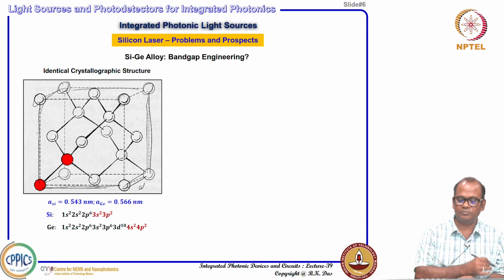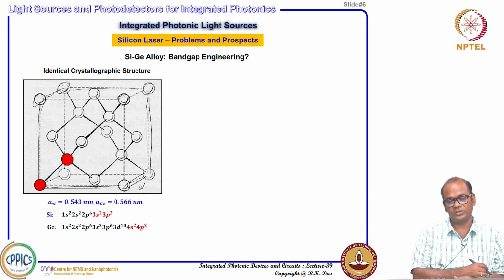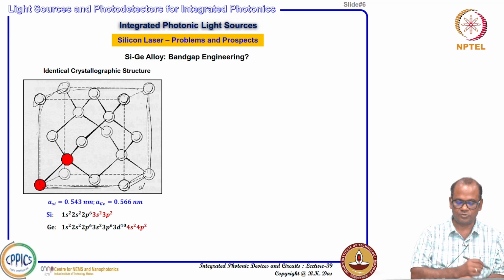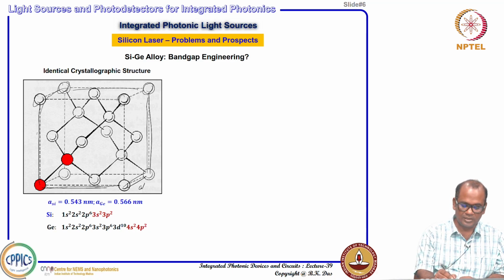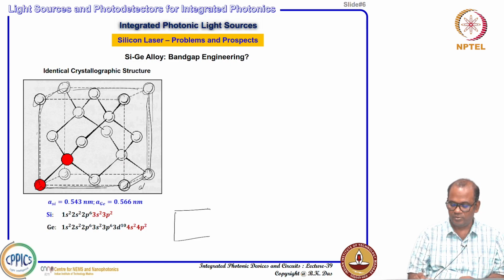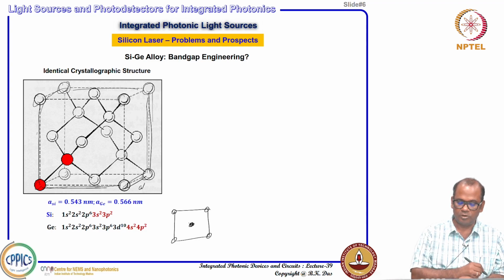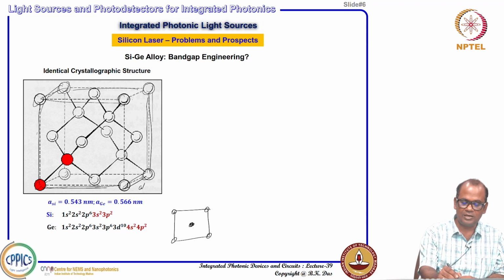These are the positions of the silicon atoms if it is a silicon crystal, or germanium atoms if it is a germanium crystal. Consider the base: one atom at each corner of the square, and one atom in the center of the bottom face, with an identical situation on the top.